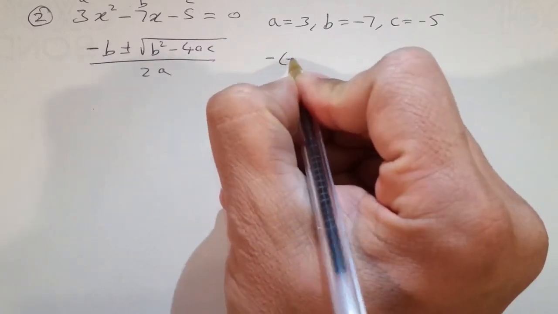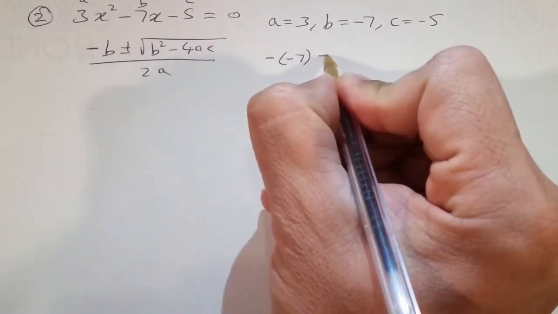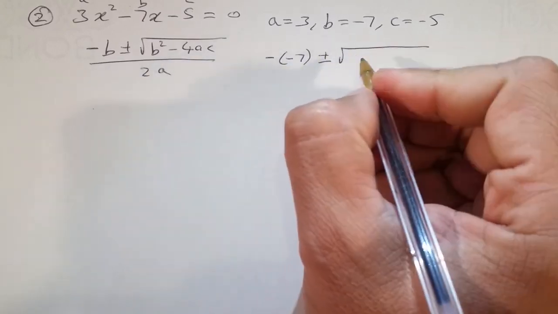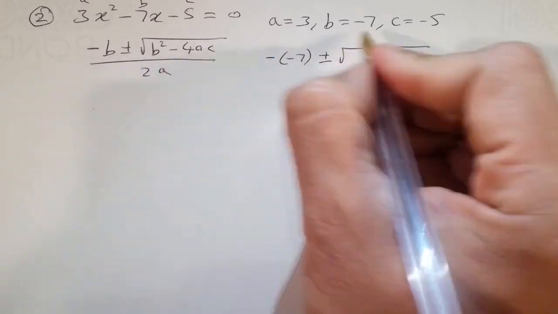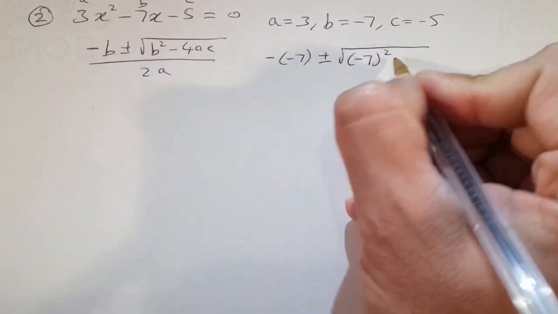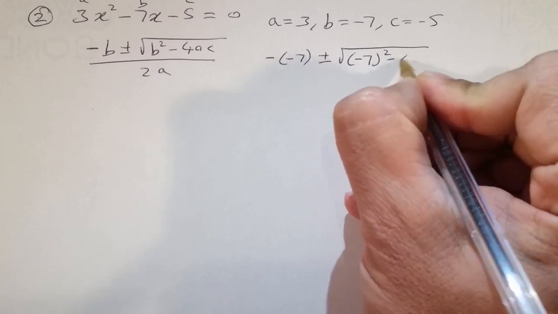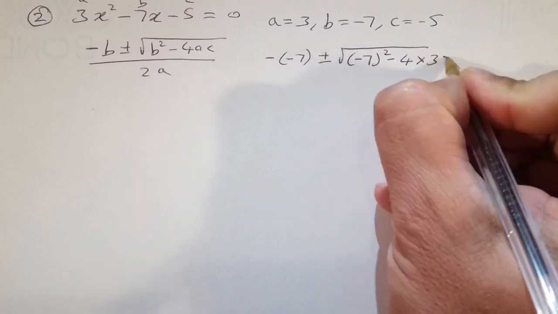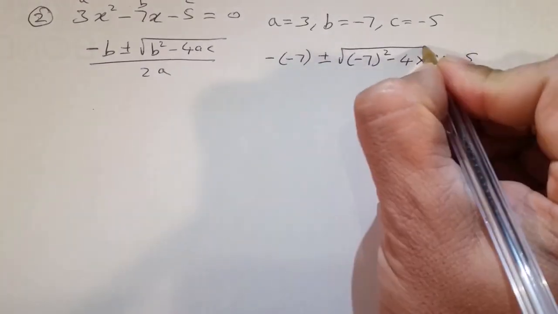Since there's a minus, put it in a bracket. Always play safe and be careful with the signs, the plus and minus operations. And minus 7 whole squared, that's what I was talking about in the previous question: if there's a negative, we can carefully use the bracket so we don't go wrong.